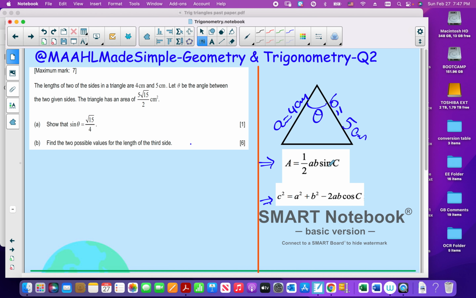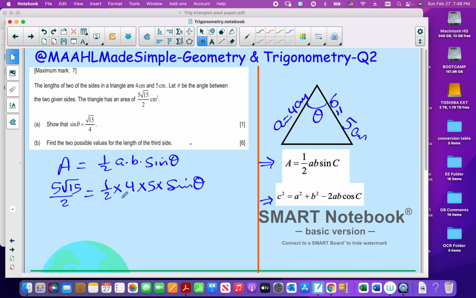I'm going to use the equation: area equals half A B sine theta. Meaning if I have two sides of a triangle and the angle in between, I can find the area. The area is given to be 5 root 15 over 2, equal to half times A is 4, B is 5, times sine theta. And I want to solve for sine theta.